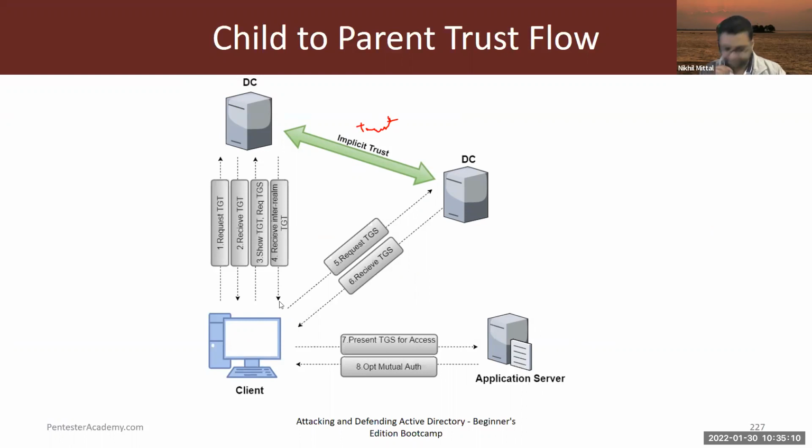But recall, this implicit trust also means that the forest DC trusts this inter-realm TGT. That also means, who issues this inter-realm TGT? Your current domain's DC issues that inter-realm TGT. What is contained in the inter-realm TGT?